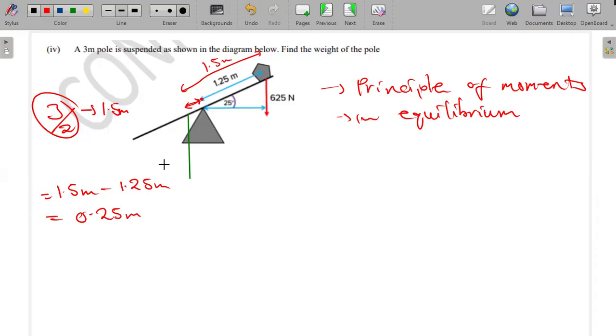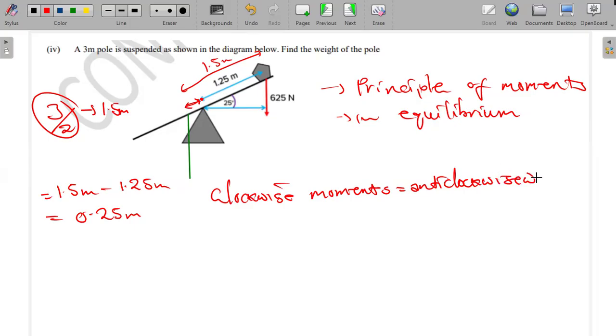So now that we have almost all the data that we need in order to calculate the weight of this uniform pole, we are now going to bring in our equation: the sum of the clockwise moments should be equal to the sum of the anti-clockwise moments.